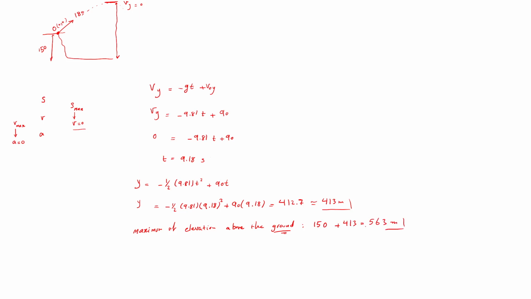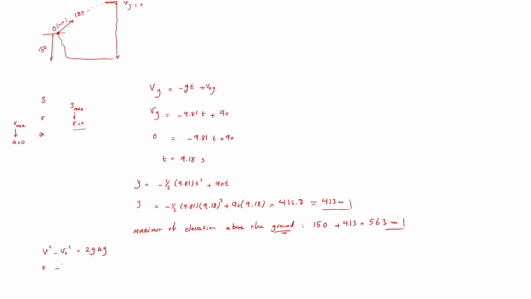For part B, we can also apply the third basic kinematic equation, meaning this equation: v squared minus v0 squared equals 2g delta y. So what is the velocity of the projectile at this point? At the maximum elevation it is 0.